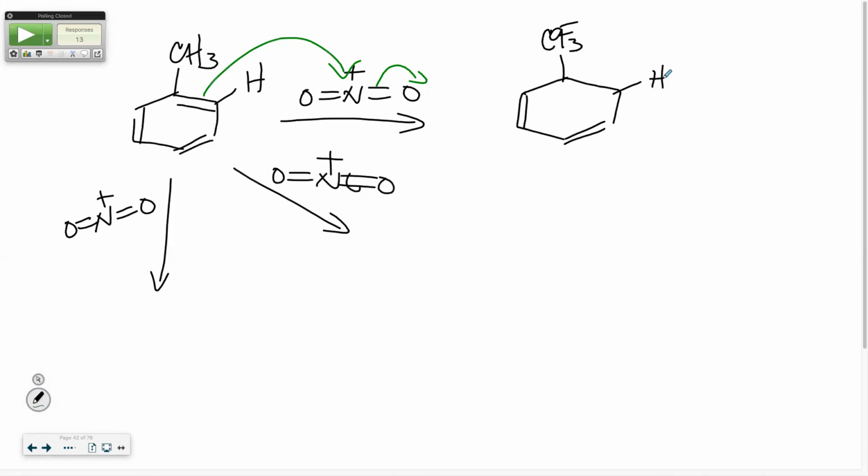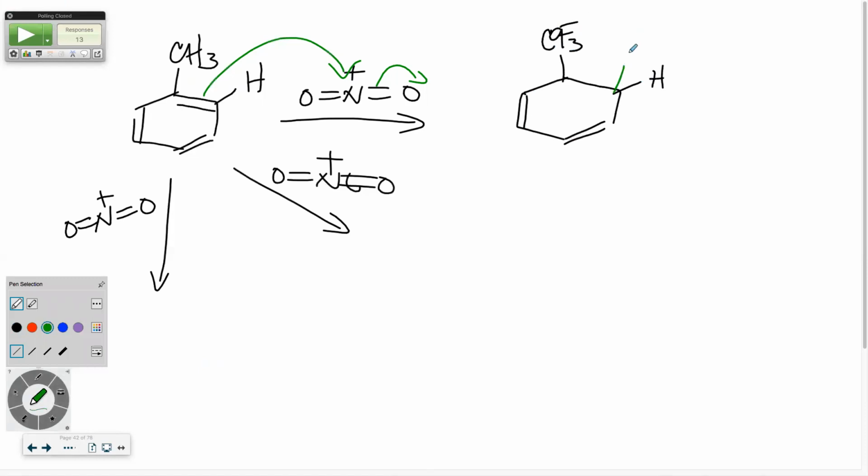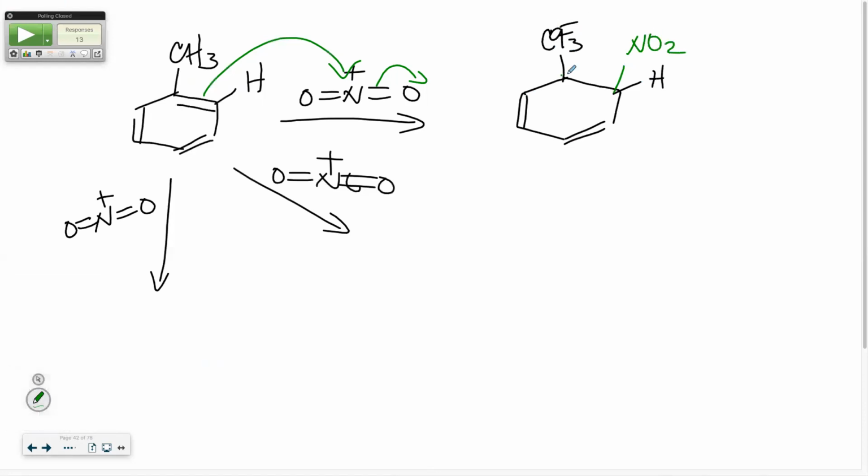Okay, so now my nitro is attached to the ortho, and look at what carbon has the plus. The same one that we had with CF3. Oh, my bad. I was still in that mode, wasn't I? All right, hang on, I'll fix it. That's okay. I can fix that.